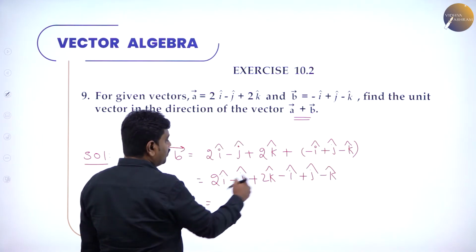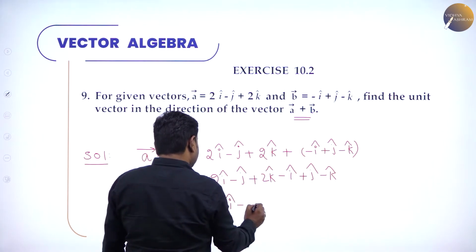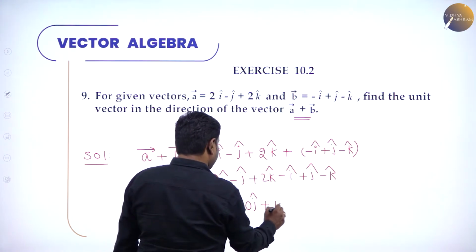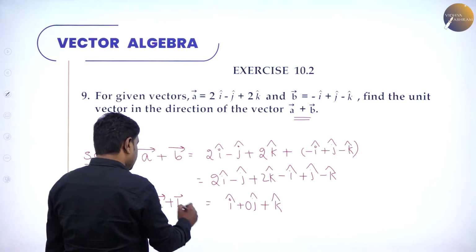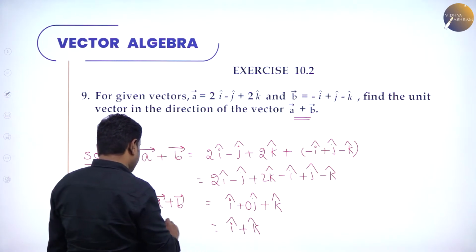Simplify: 2i minus i becomes i cap, minus j plus j cancels, or I say 0j cap, and 2k minus k is plus k cap. You can also write it as i cap plus k cap. This is vector A plus vector B.